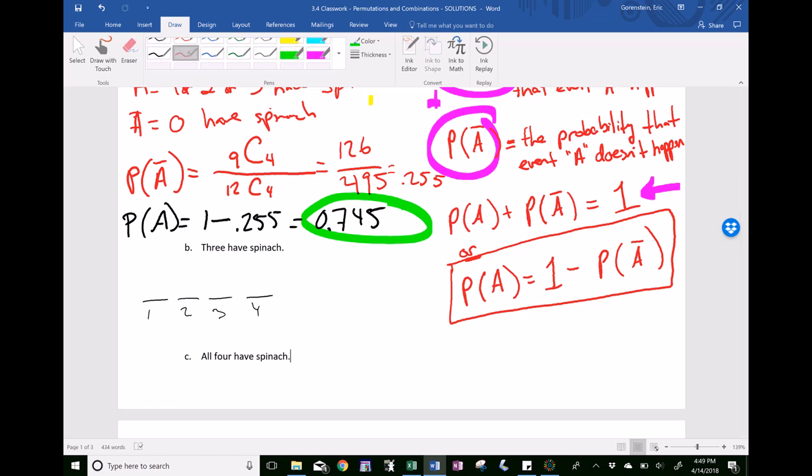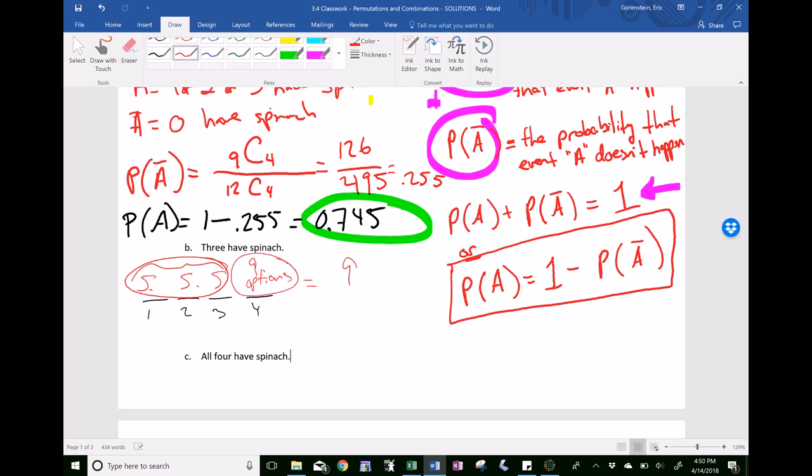So there's going to be a spinach choice, a spinach choice, a spinach choice. There's only one way that could happen. And for the 4th option, there's 9 more options to choose from. So 1 times 1 times 1 times 9. Using the fundamental counting principle, there's basically 1 way to do this and 9 ways to do this.